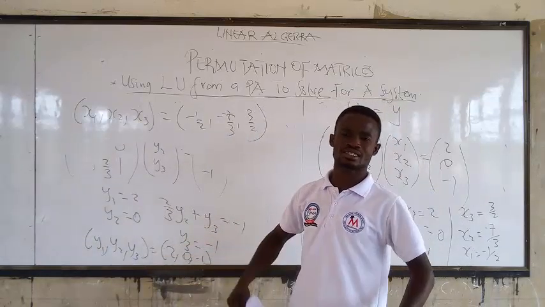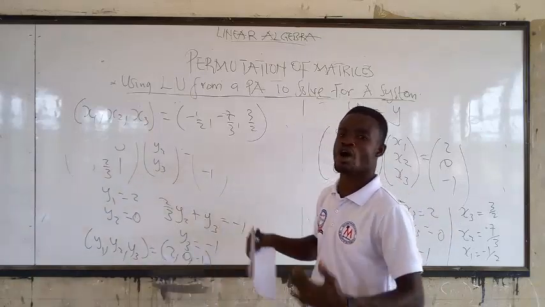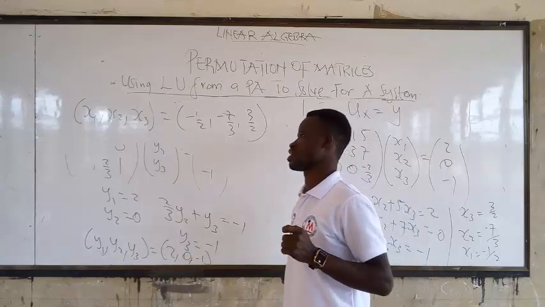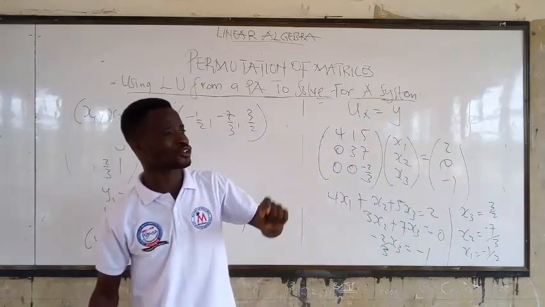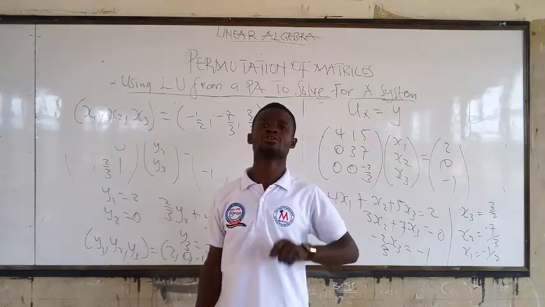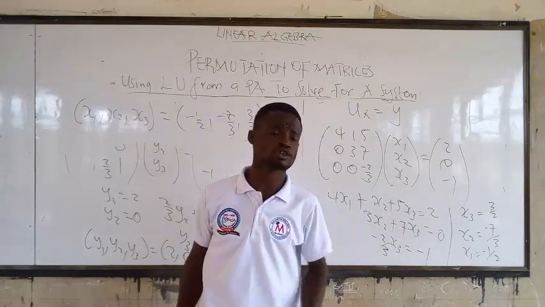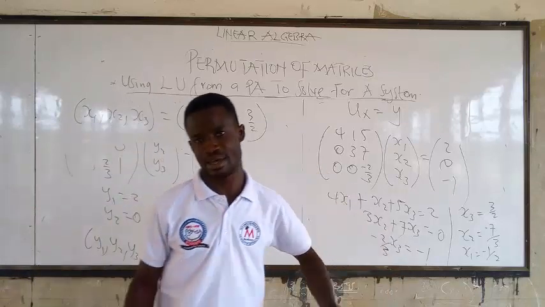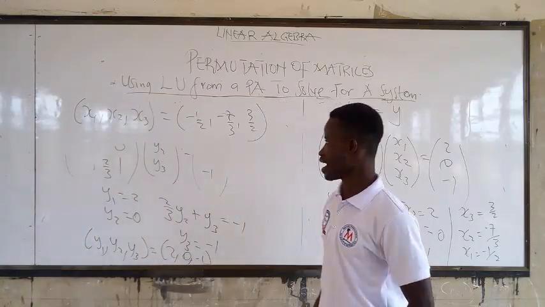And we have used this idea to solve the system of the equation. In fact, even if the question doesn't tell you to find PA is equal to LU, you still have to go through that procedure because you will need it in getting your solution to the system. Okay? Alright.